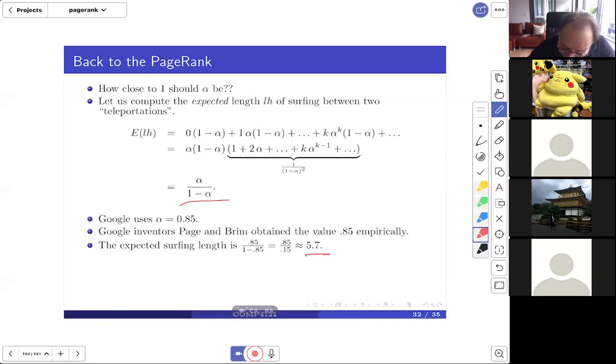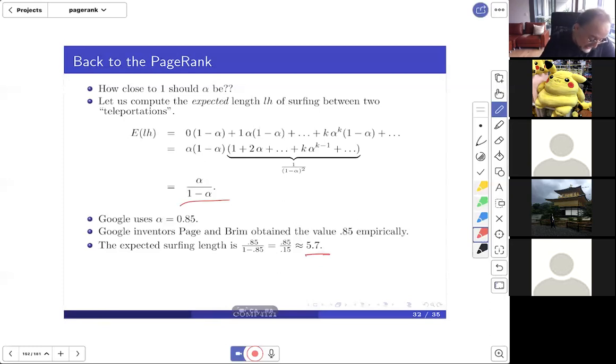It's kind of clear that if you follow the link with higher probability, say 0.95, your random surfing will be much longer, and in fact you would capture the structure of internet in a more accurate way.